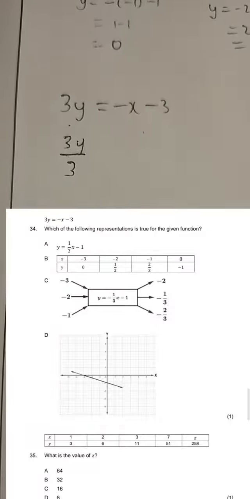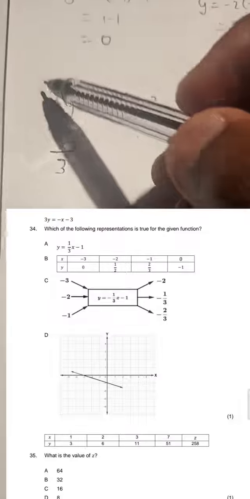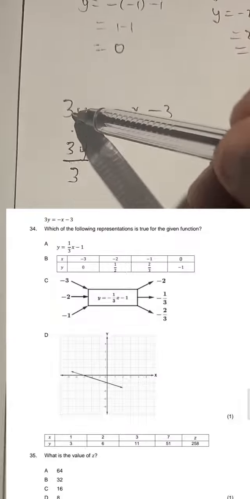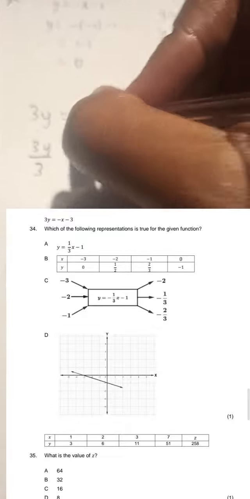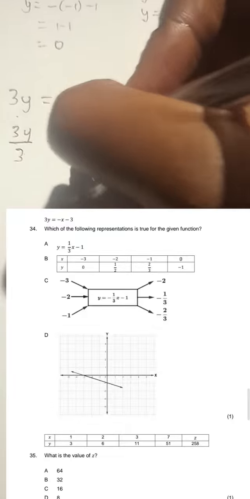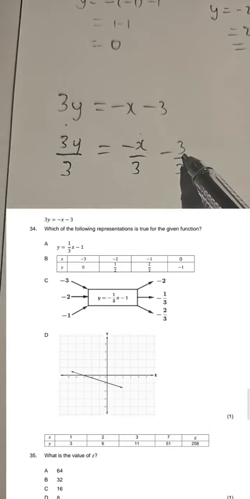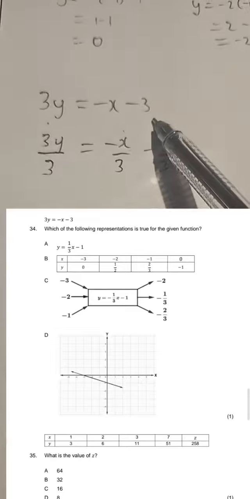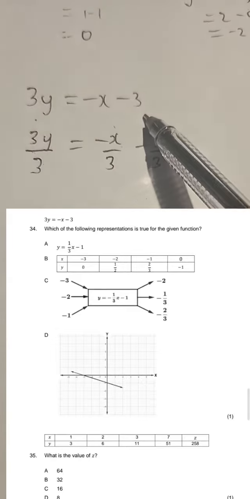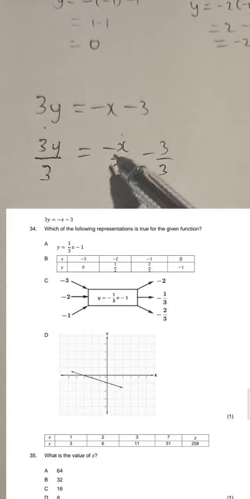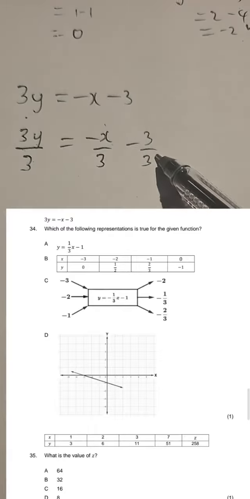So we are going to divide the term 3y by its coefficient, which is 3. But what you do on the left, you are going to do on the right. For each term on the left hand side, there are two terms on the right hand side. So you are also going to divide them by this coefficient, which is 3.